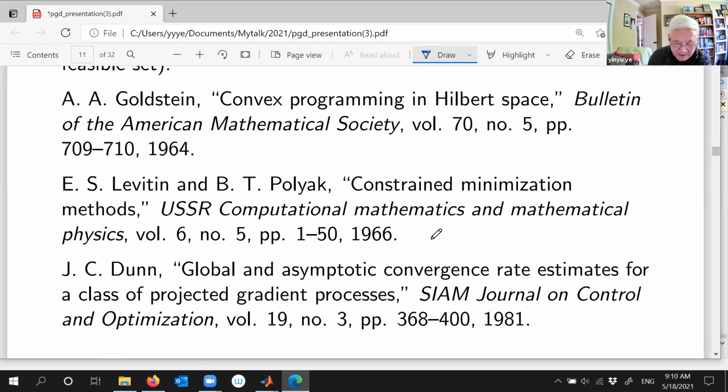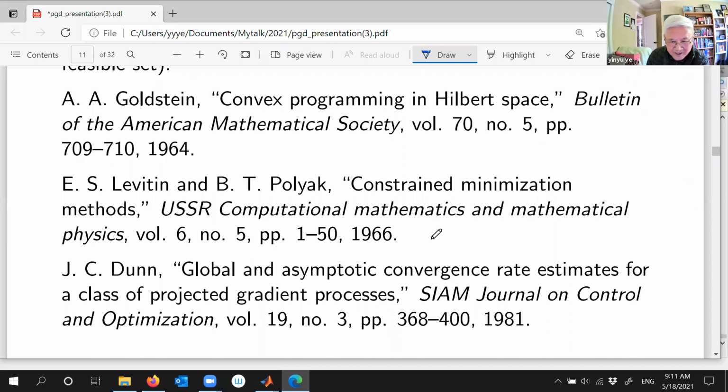Yeah, it is like splitting, in terms of alternating kind of things, finding a point in the set. We split the objective and the constraint set, like two types of concerns. So we address the first concern, making those descents. The second one, we just project, finding a close point.